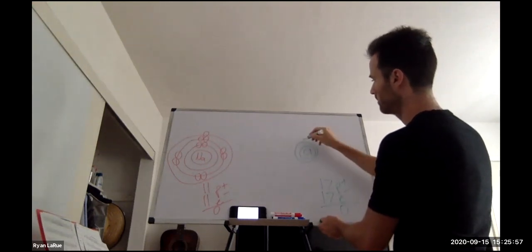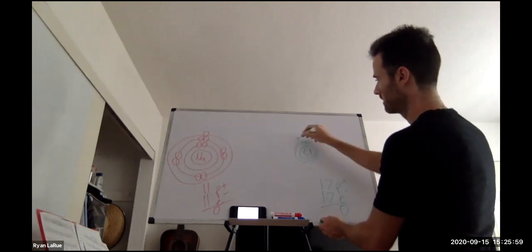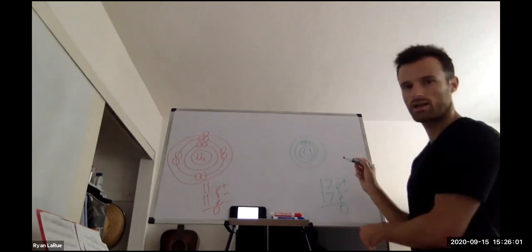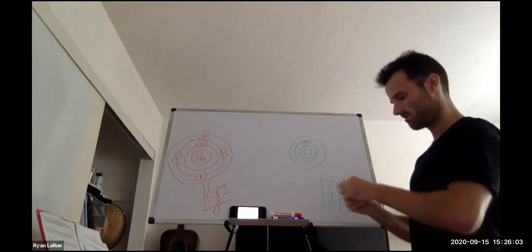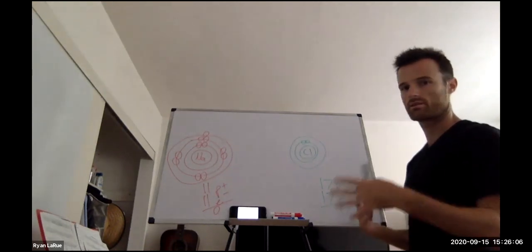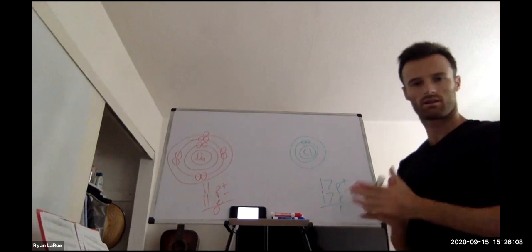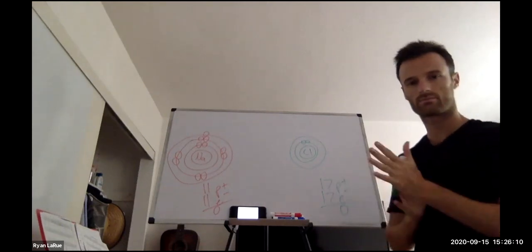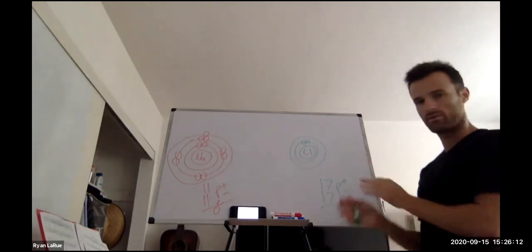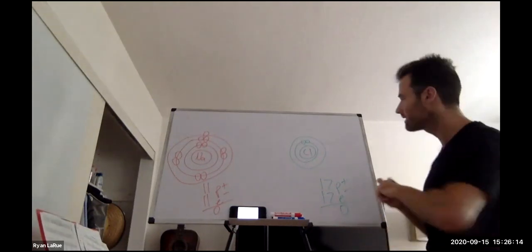Okay, let's draw it. First shell, 1, 2. Second shell, how many do we have left? This is serving as a good review of last lecture. We have 17 to work with. Now we have 15 left, exactly.